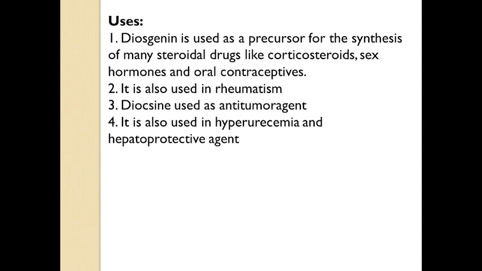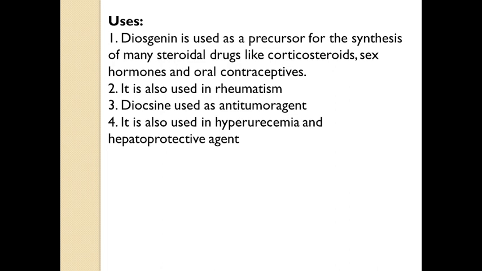Second one is, it is used in hyperuricemia. Hyperuricemia is the condition in which there is an increase of uric acid in the blood, and the uric acid which is present in the blood is excreted through urine and feces, resulting in overproduction of uric acid due to lowered excretion through the kidney.